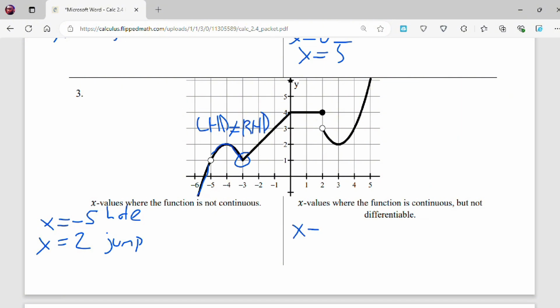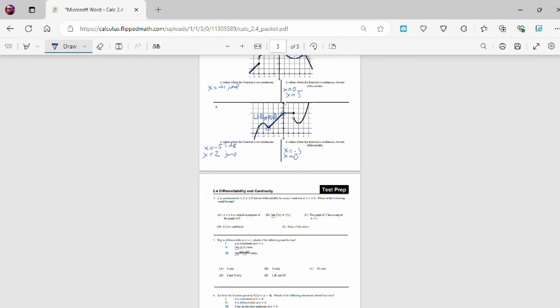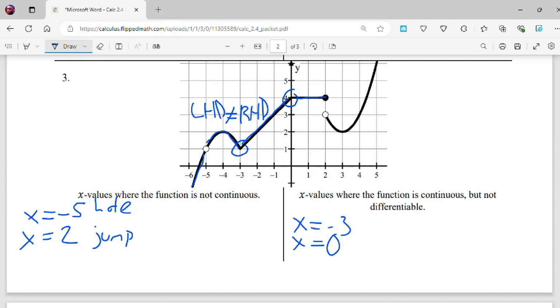So x equals -3 is our first value here. Move on, and then another corner at, sorry, that's not x equals 1. That is x equals 0. And then the rest of the graph is continuous and differentiable. Okay.